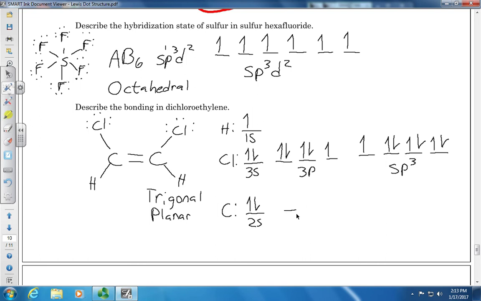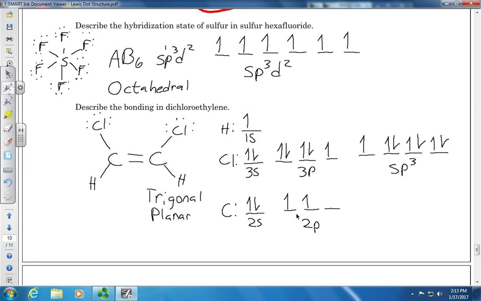You have 1, 2, 3, 2p, and you'd have it like that. That would be the normal carbon. However, carbon attached to 3 other components with no lone pairs, to change the shape slightly, would be an sp2.